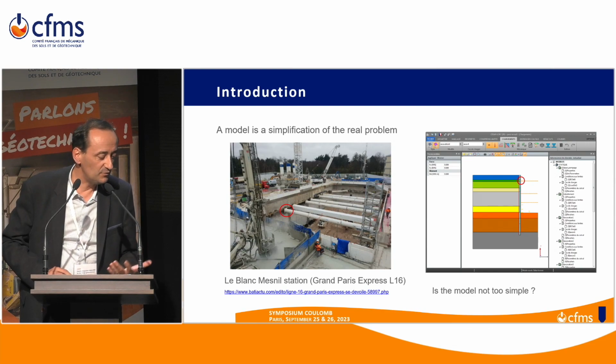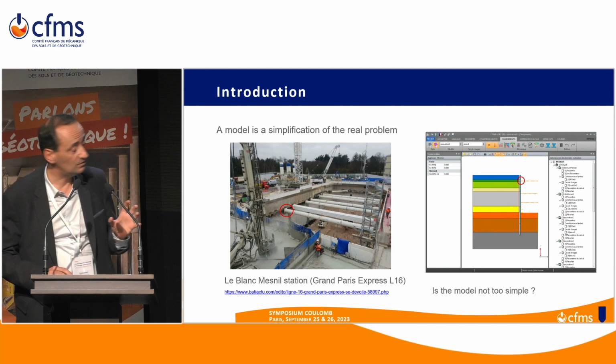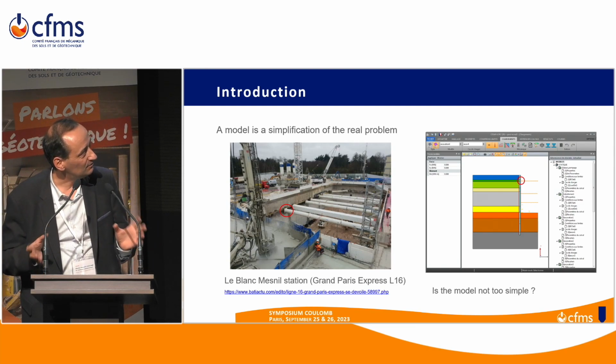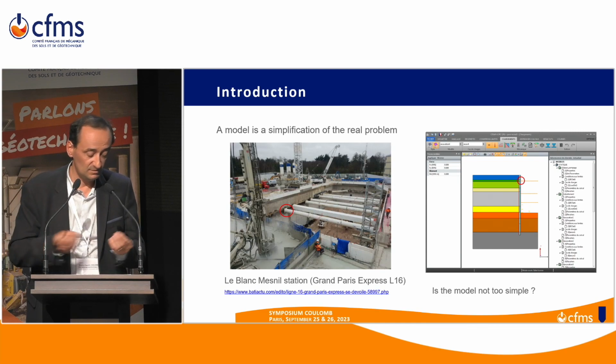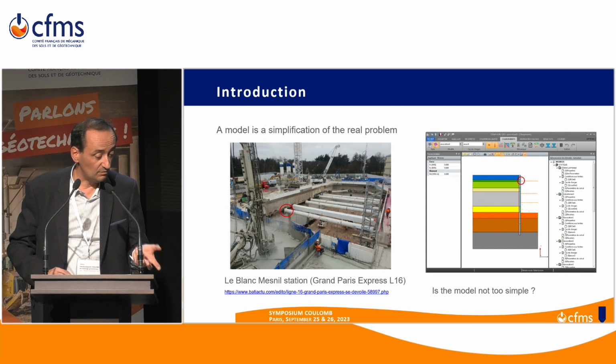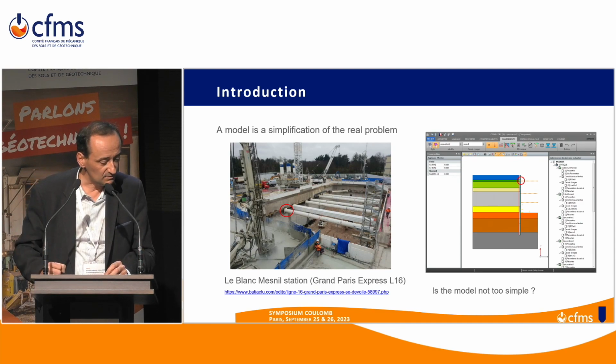And obviously, there are simplifications. I have just circled in red one example. The connection between the prop and the wall is, of course, very simplified on the right, because it's just a point connection with the continuity of the displacements, and that's all.